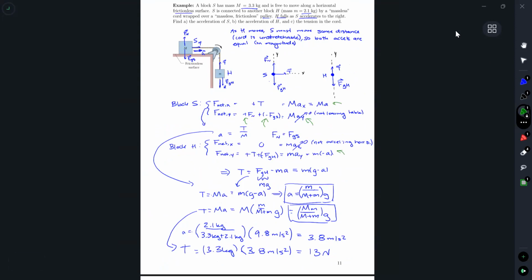If you understand why we did that, and then can do it yourself for other problems like this, like on the practice, there's one where you've got a block on a ramp instead of on a flat surface. If you can set up your equations and get all the negatives and positives right, you're good on anything having to do with systems, because if it shows up, it will be something very similar to this.